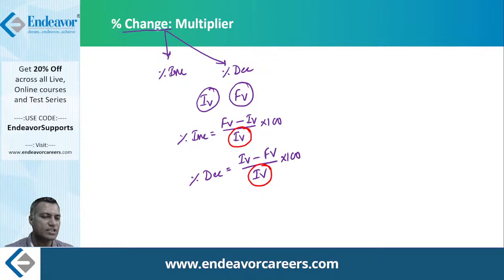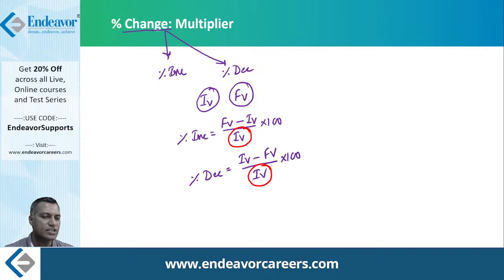Now listen to me carefully. Say there is a number called 80. I said, why don't you increase this by 25% and tell me finally what it becomes. I'm writing plus; plus stands for increase. There is a number 80.